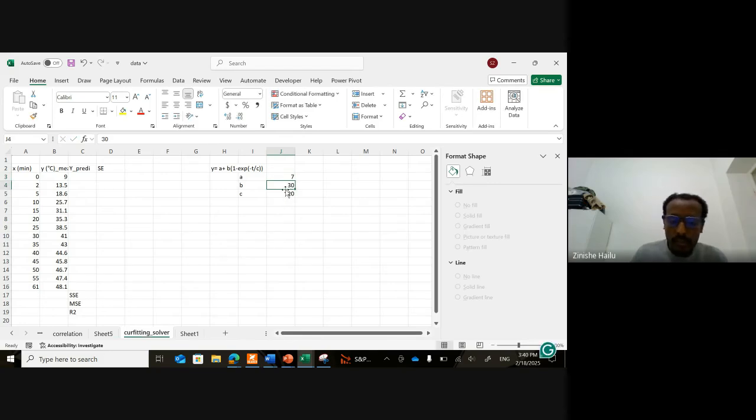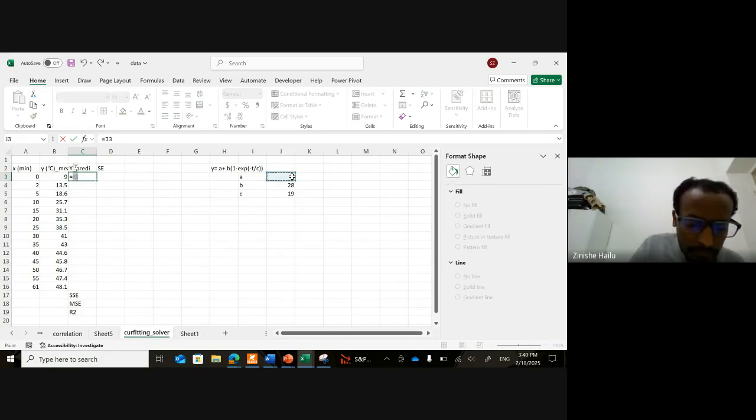We can put in as many as we like. You can put initial values, and then we can calculate y is equal to A.